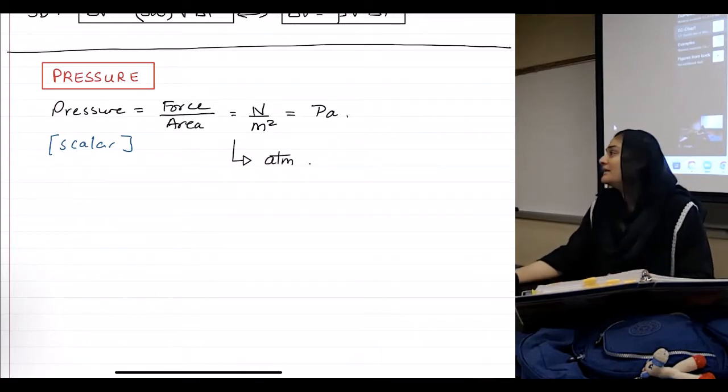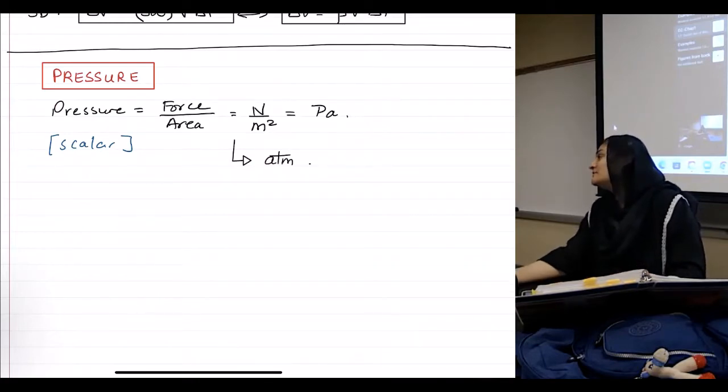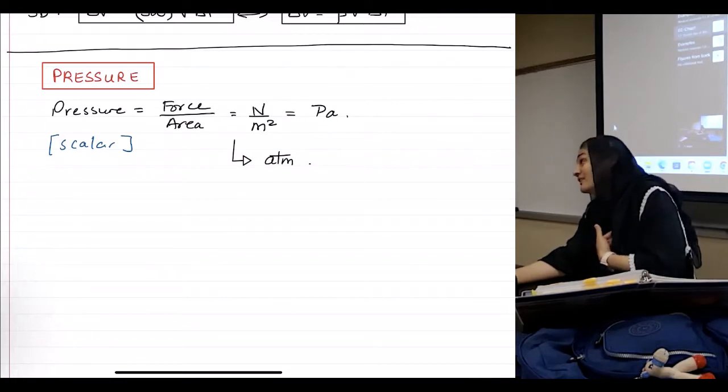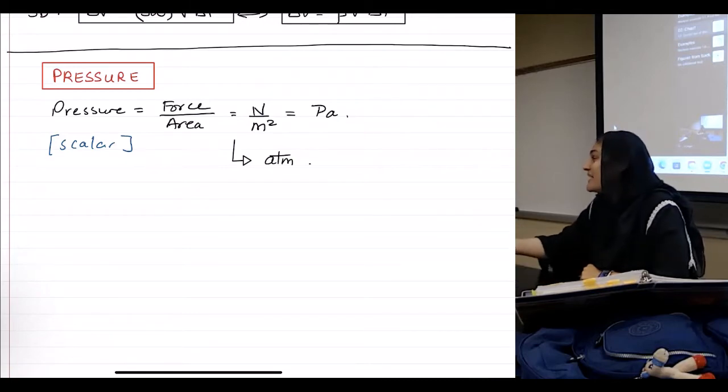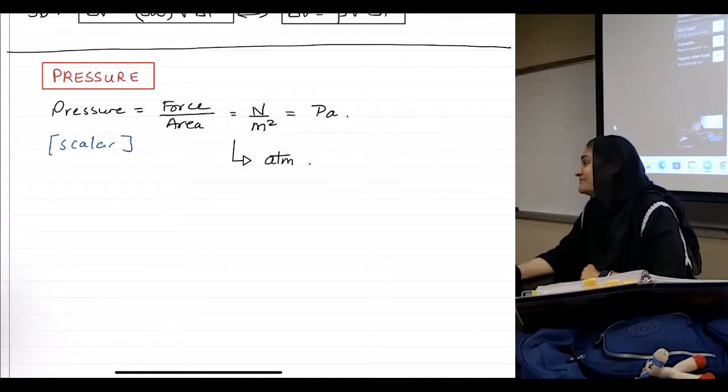And why do we call it the atmosphere? Because we are, of course, the center of the universe, and it all has to be done by humans, right? And so we decided that 1 atm is going to be the pressure we feel at sea level. It's approximately 1 atm, but 1 atm is the pressure at sea level.